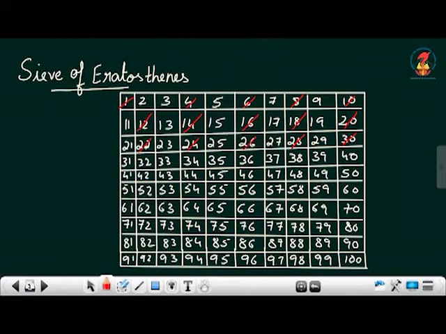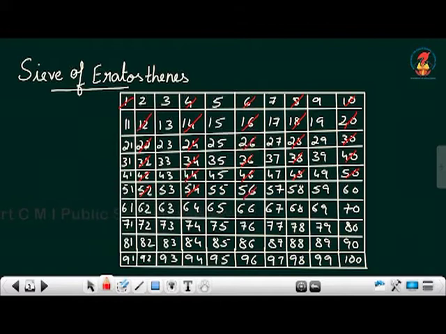All the multiples of 2 you will cross out. 32, 34, 36, 38, 2 into 20 40, 2 into 21 42, 2 into 22 44, 2 into 23 46, 2 into 24 48, 2 into 25 50. Cross out all the multiples of 2.